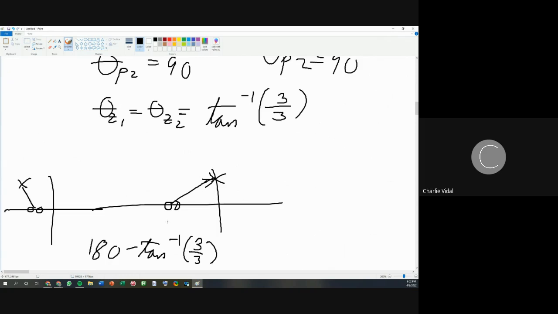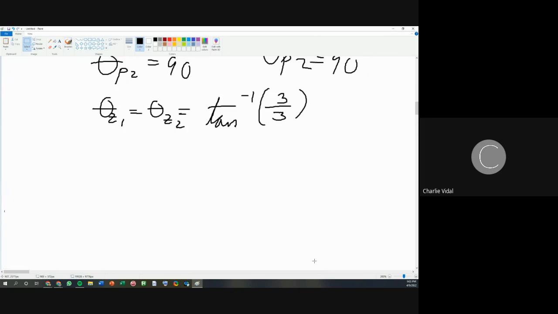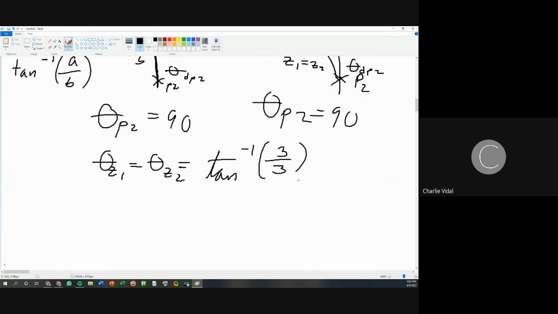We'll just pretend that it's also 3 up and 3 out. So if it's an obtuse angle, you do 180 minus the tan inverse. If it's an acute angle, then you just do tan inverse. Tan inverse of 3 over 3 is just 45 degrees. The inverse tan of 1 is 45 degrees, basically.